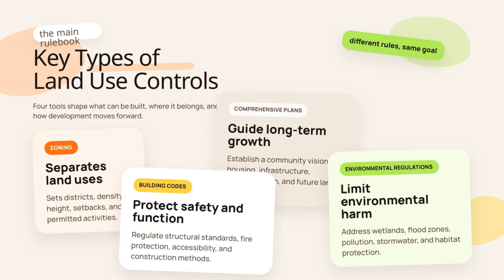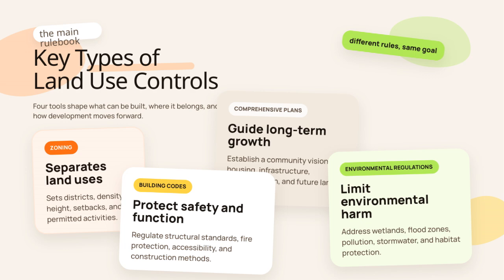These plans guide decisions about housing, infrastructure, transportation, and future land use patterns to ensure the community develops in a thoughtful way. Then, building codes are in place to protect safety and functionality. They regulate everything from structural standards to fire protection, accessibility, and construction methods.